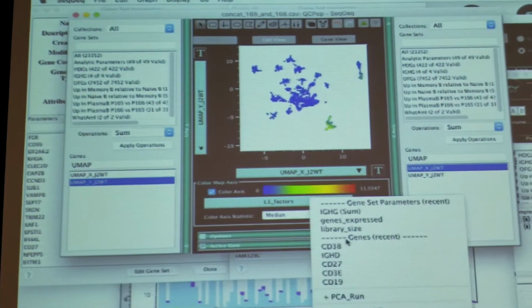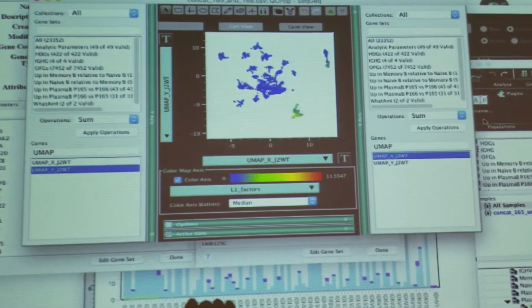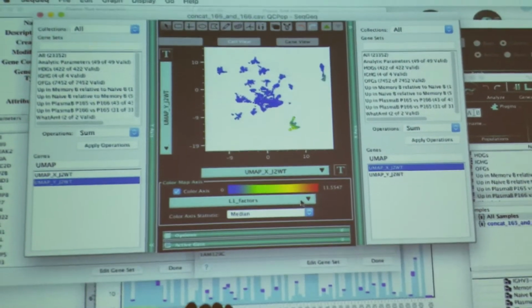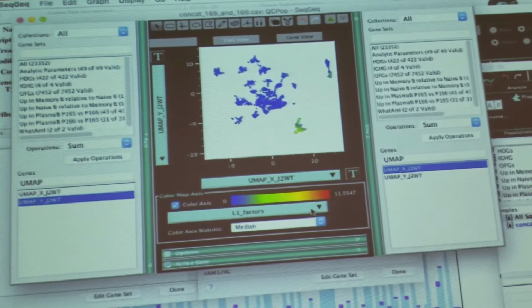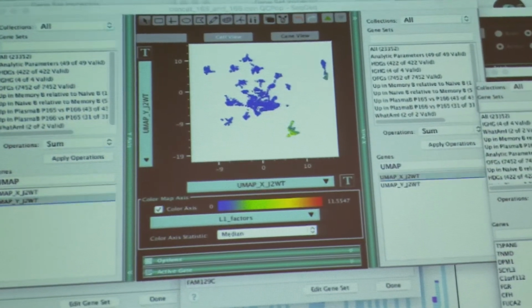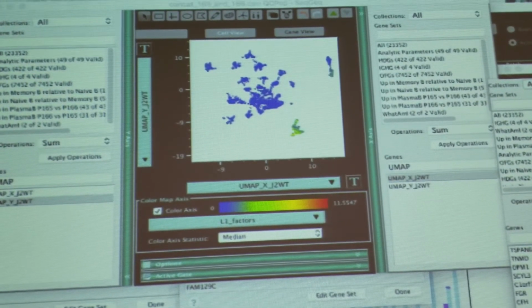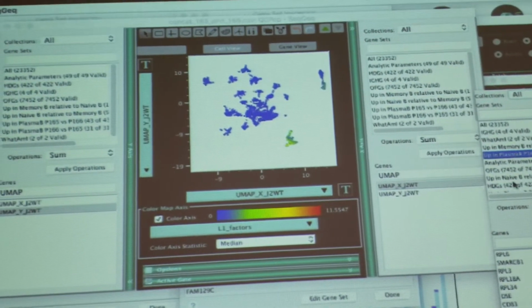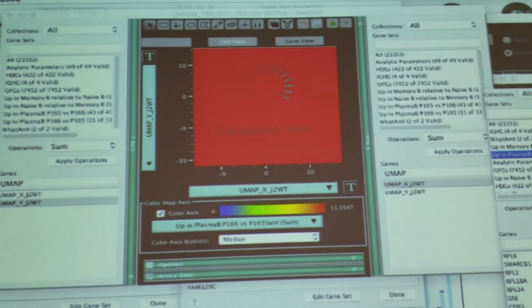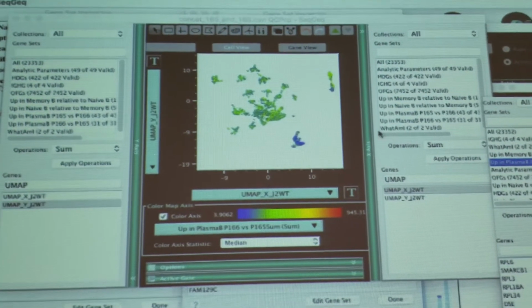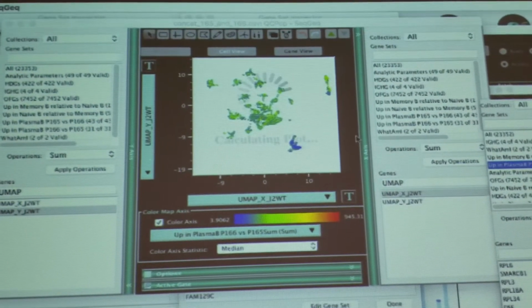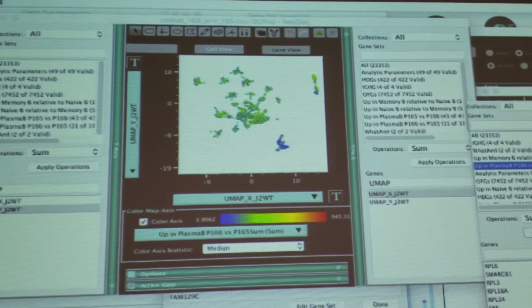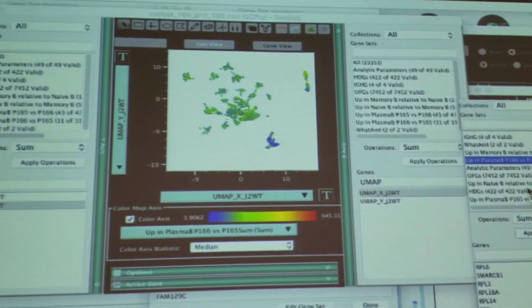Currently by, I'm not sure what we're looking at there actually. So, up in plasma, this is the gene set associated with 161. There we go. That's 165? 166.